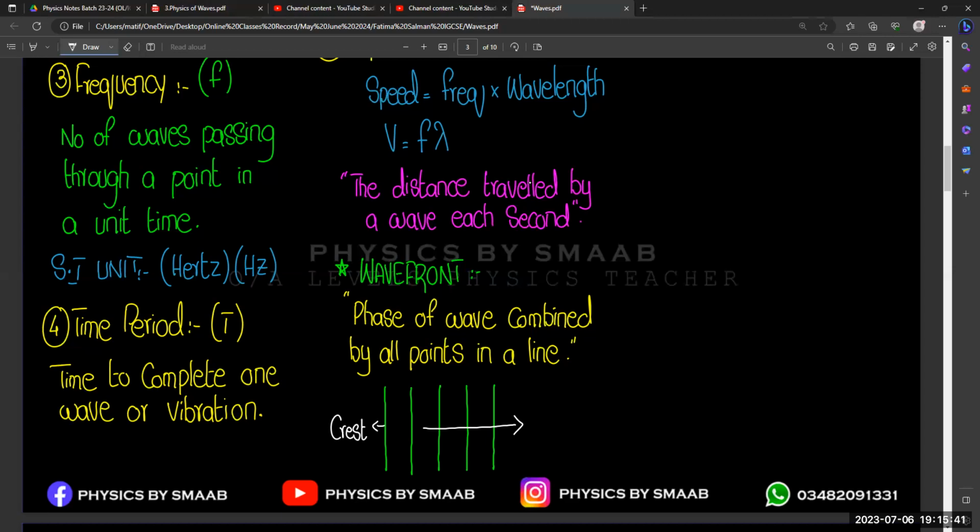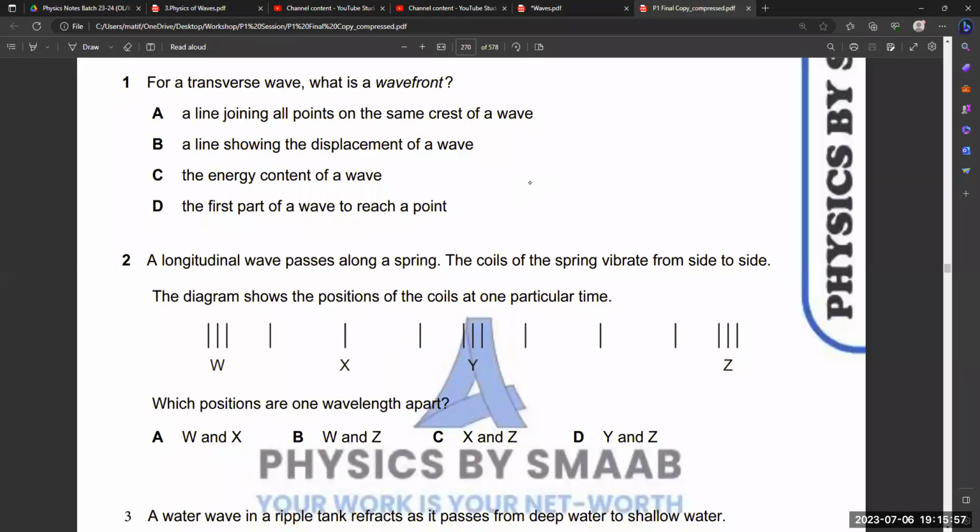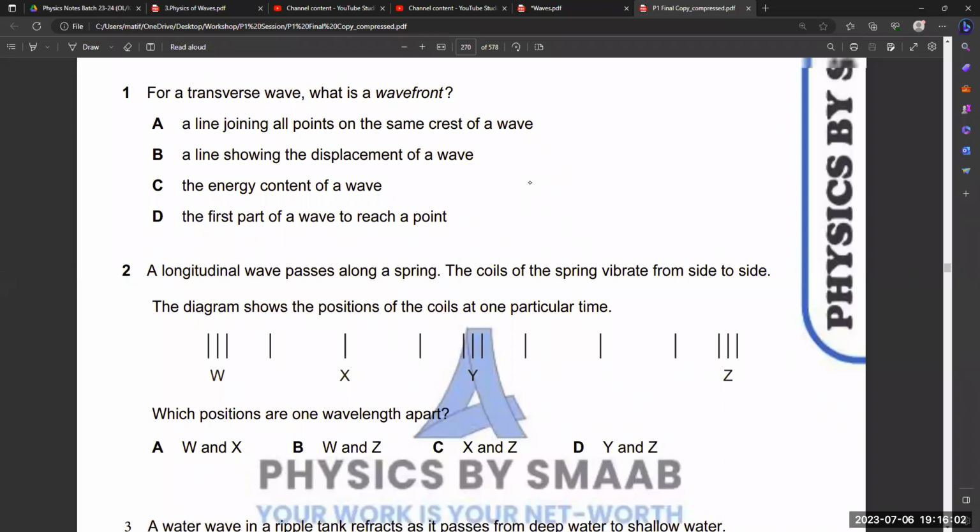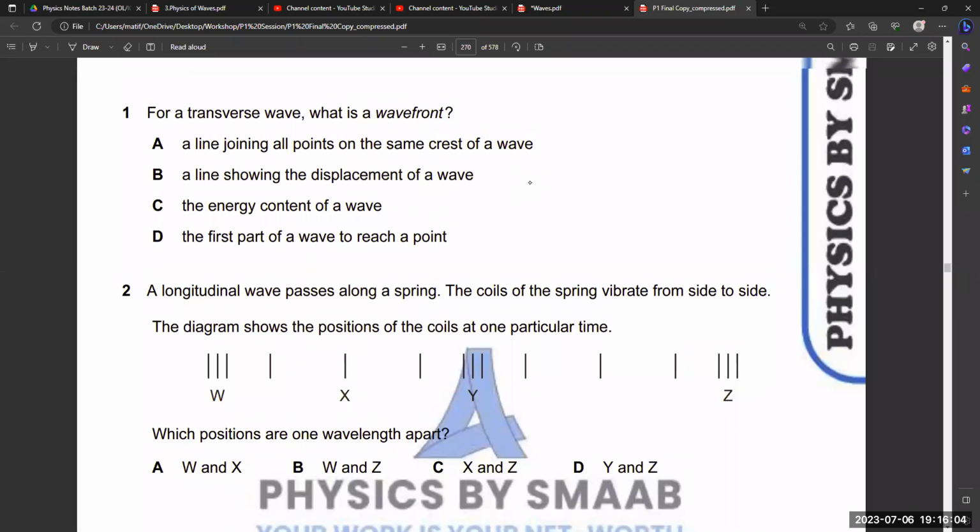So, wave section. Okay, so the questions are visible. These are different types of questions.